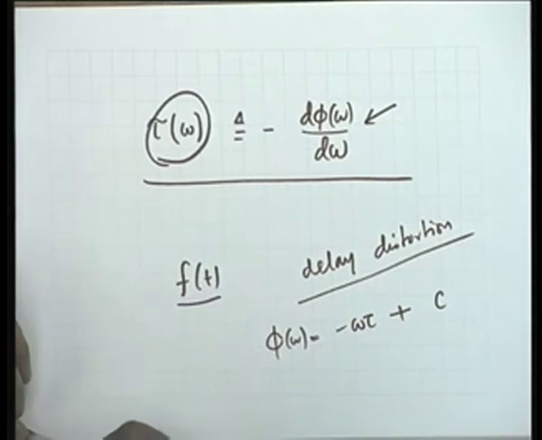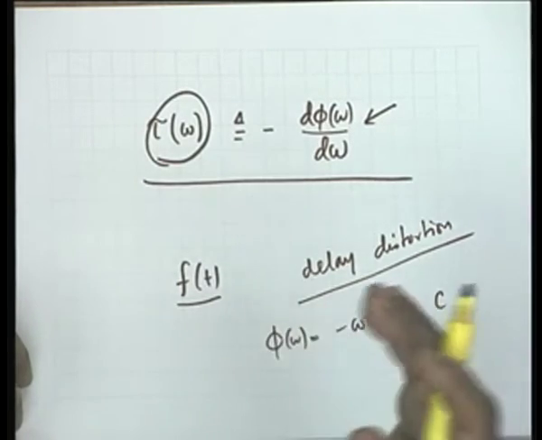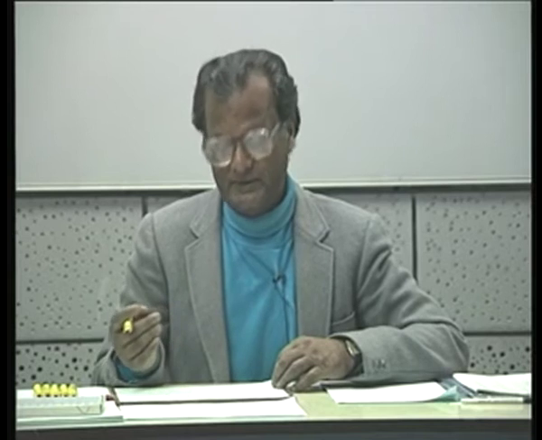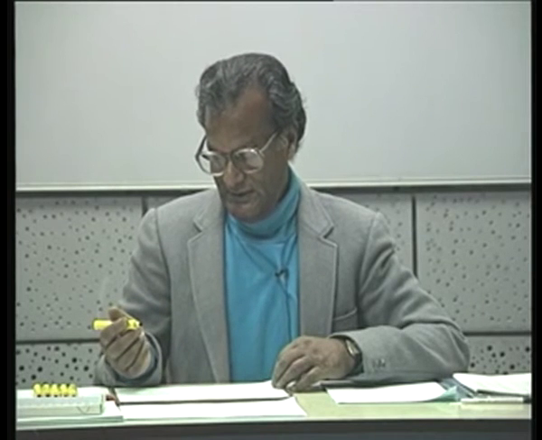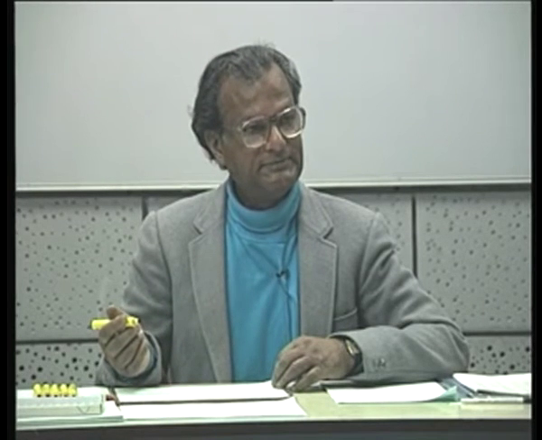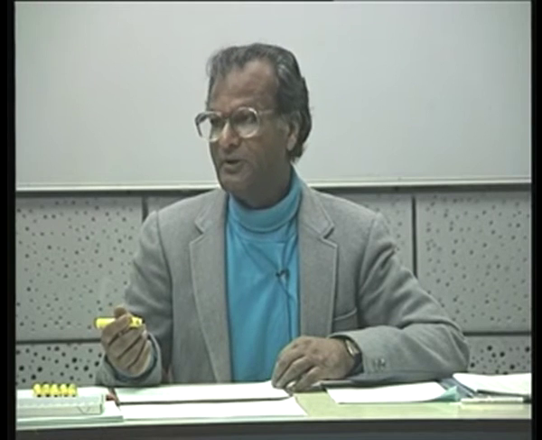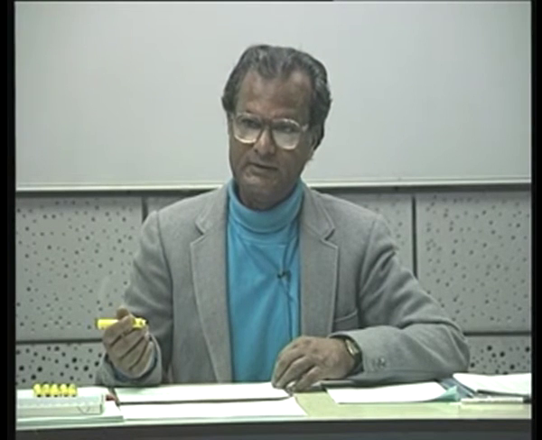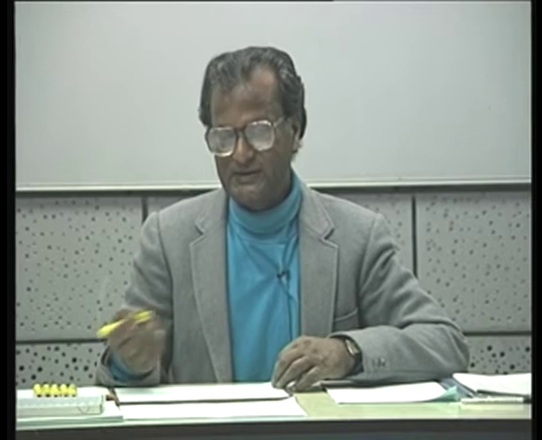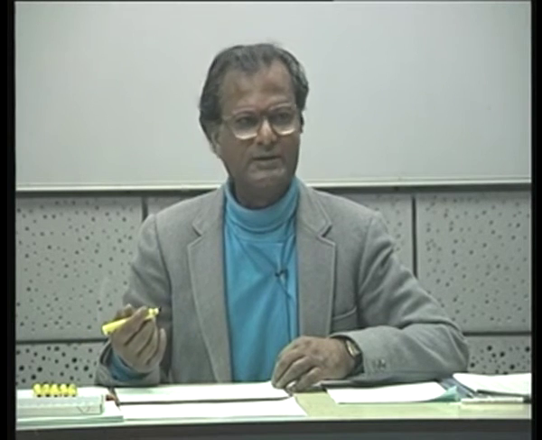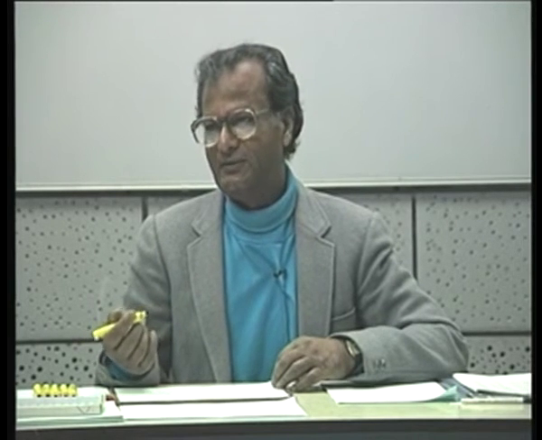And c is usually pi by 2. If at all there is a constant, it is equal to pi by 2. Is the point clear? All right. So this is the importance of linear phase. That is because of a constant phase shift pi by 2, that you will see later.